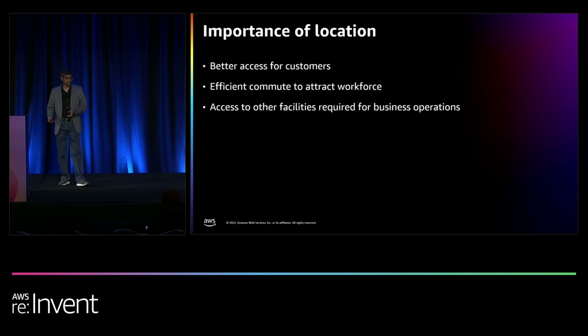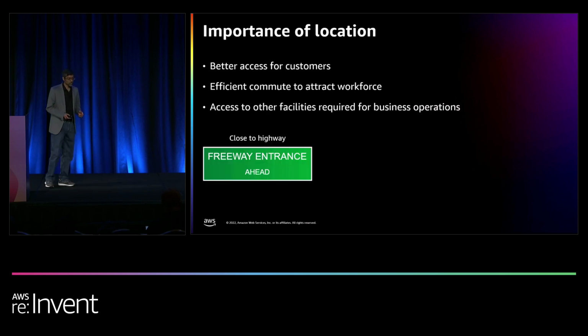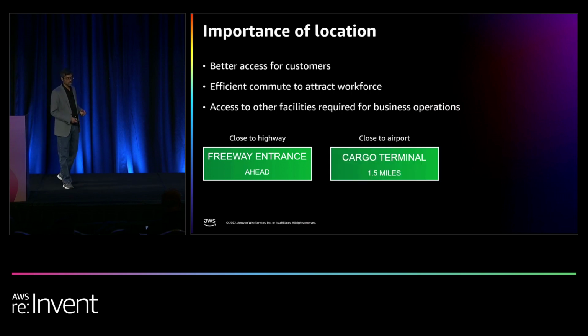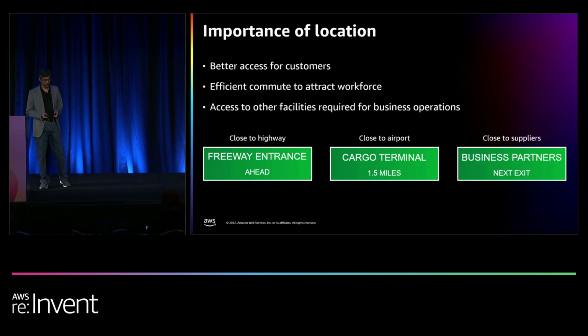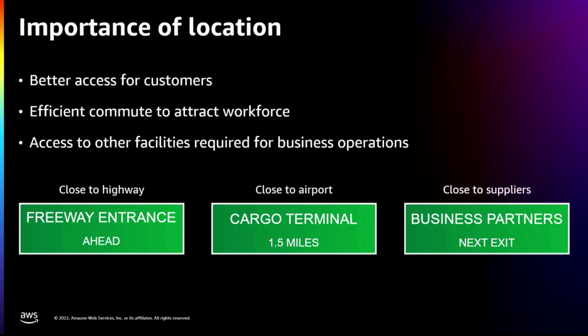Or for your business, you may need access to other facilities, whether it could be closeness to a highway, because that's how you move your goods, or closer to an airport, because the cargo terminal is of extreme importance in your business operations. Or when you are in manufacturing, you want to be close to the business partners which are supplying you the parts, or the customers who are consuming your output.